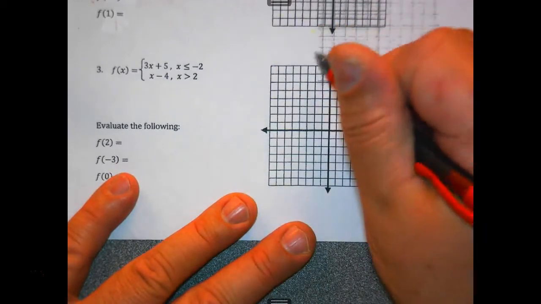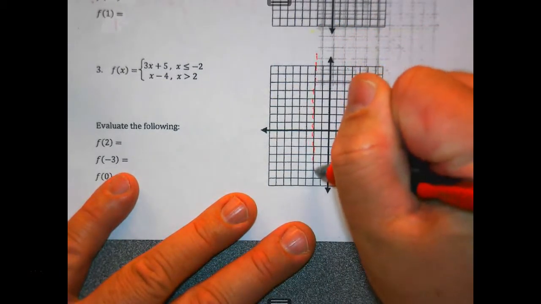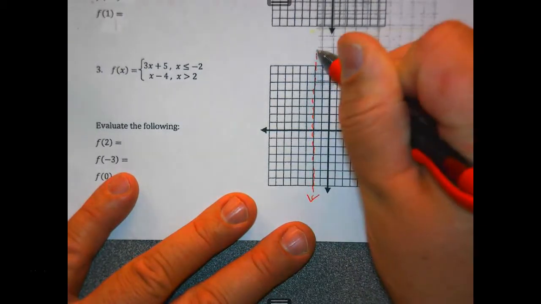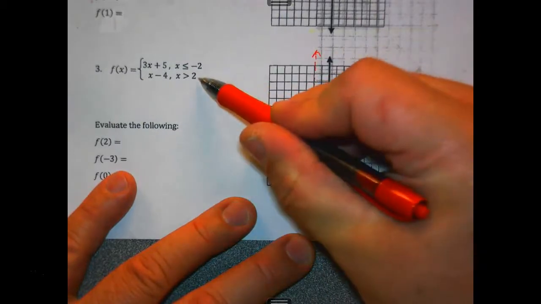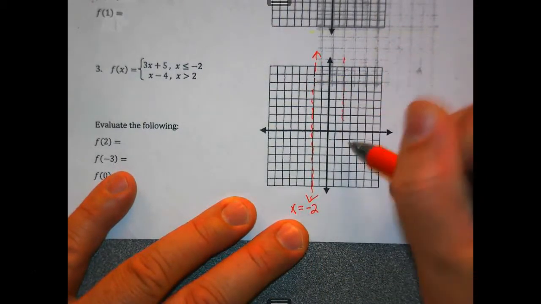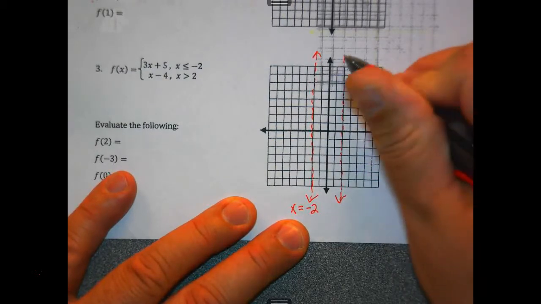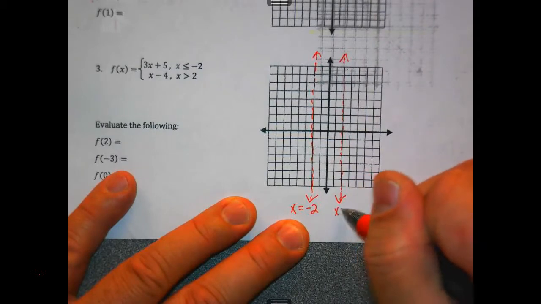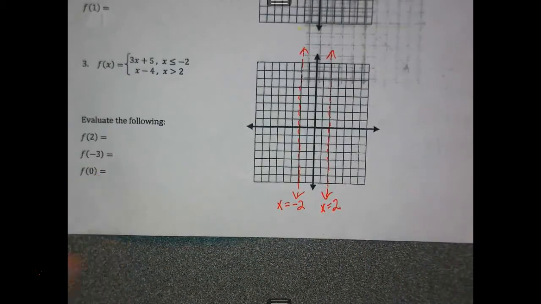Yeah, x equals -2 and x equals +2. Okay, they're boundary lines.